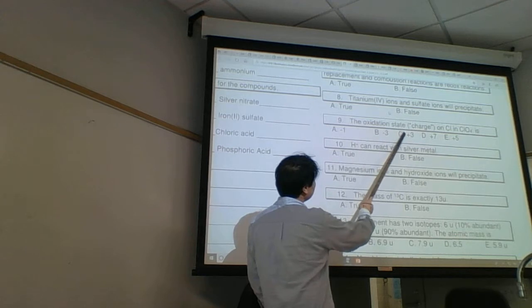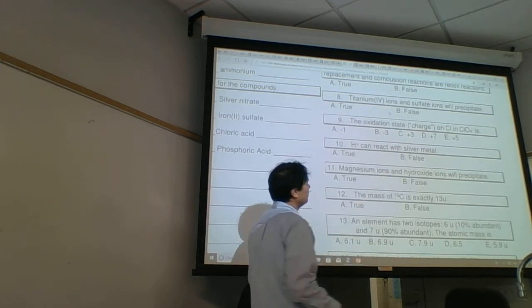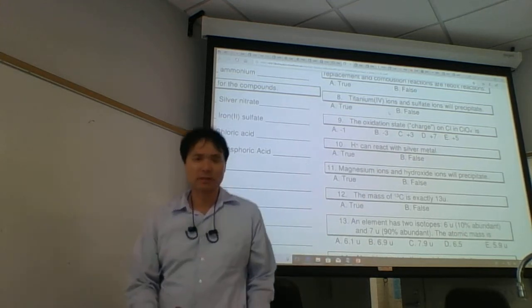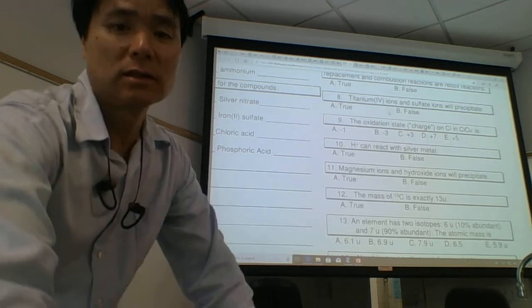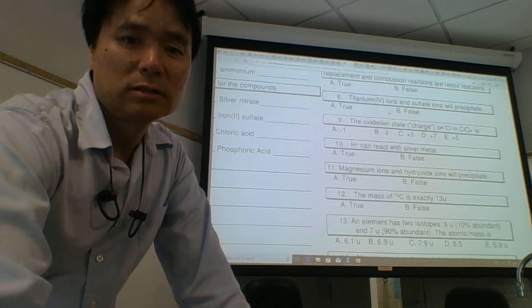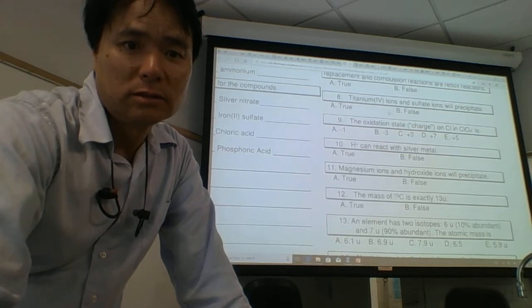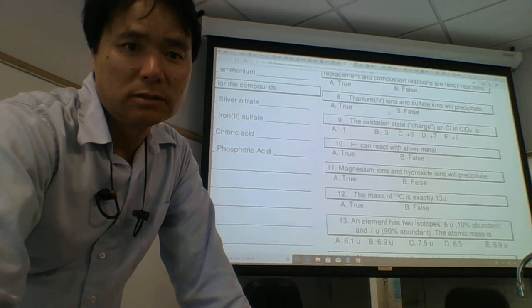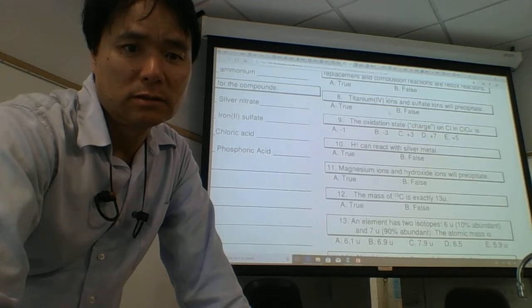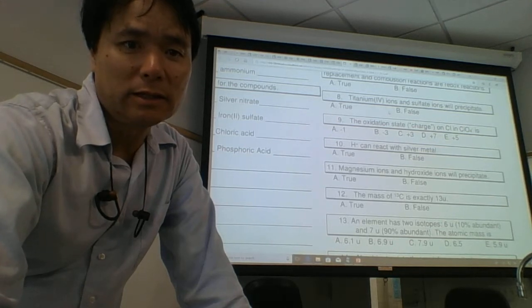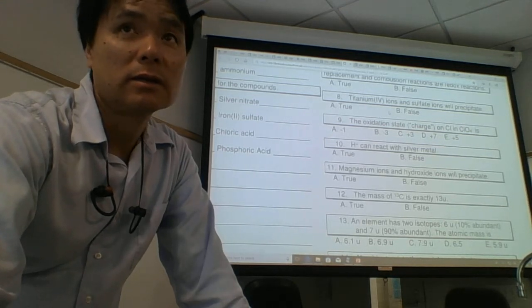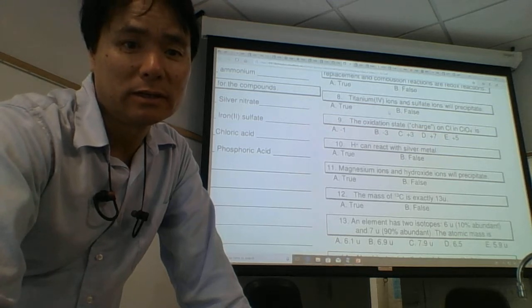9. The oxidation state on chlorine in ClO4 minus is what did you get? 7 plus 7 is correct. That's right.